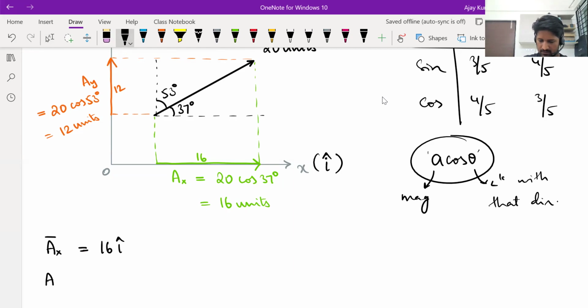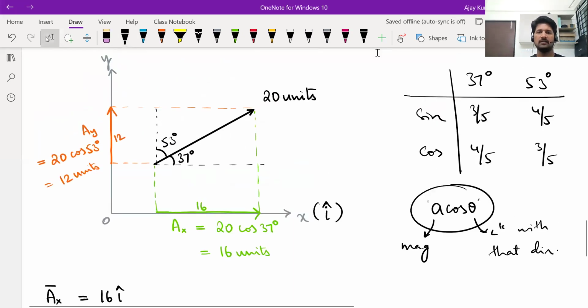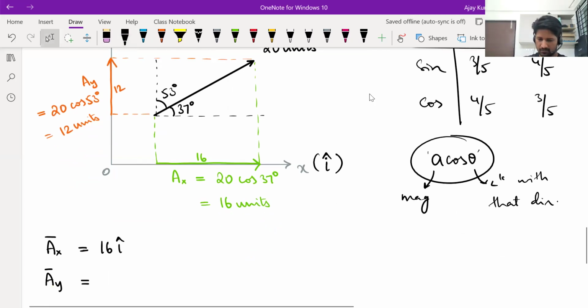Next. Saket, you tell me. We know the y component's magnitude. Tell me, what is the standard unit vector along the y-axis? So 12j cap. Okay, the standard unit vector is j cap, and the component, the orange one, has 12 magnitude in that direction. So it becomes magnitude 12 multiplied with unit vector j cap.